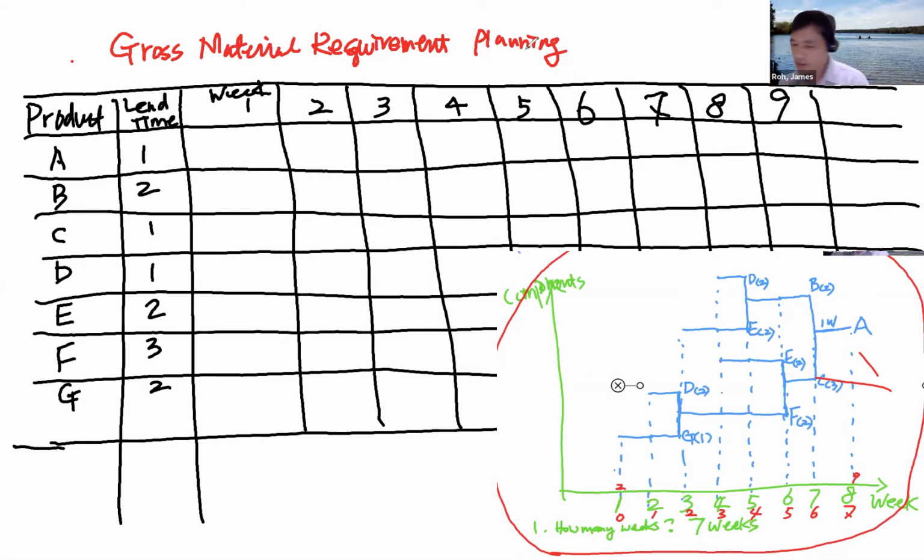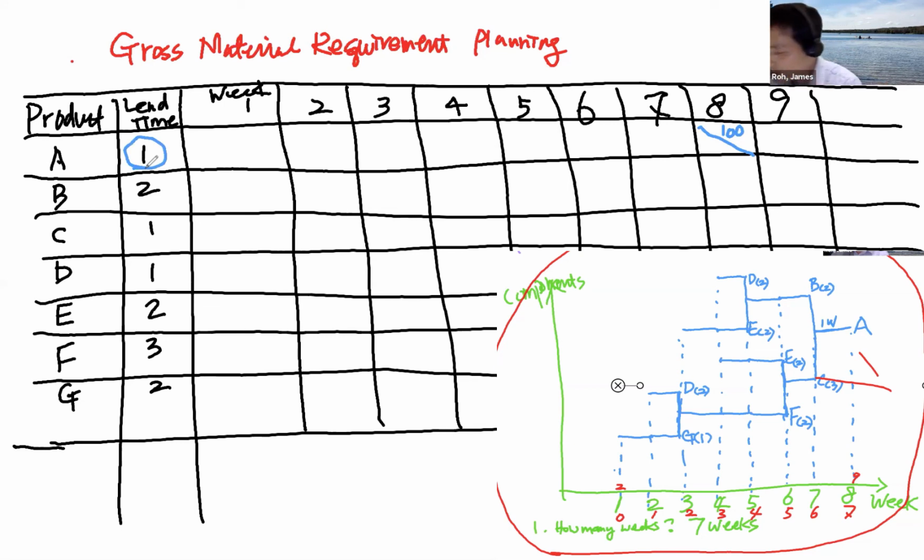So we learned that at week 8, if you look at the product structure that I did, we have required date and order date. So we're going to say here required date at week 8, say we need 100 of A's. And we learned that it takes 1 week to order that.